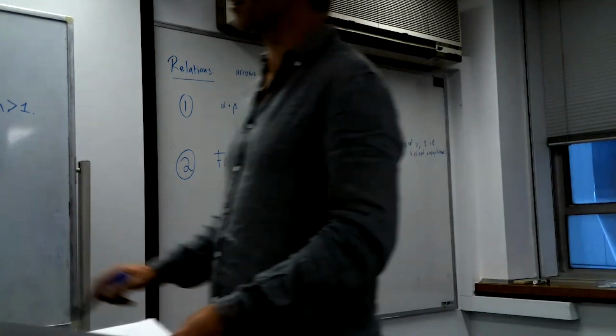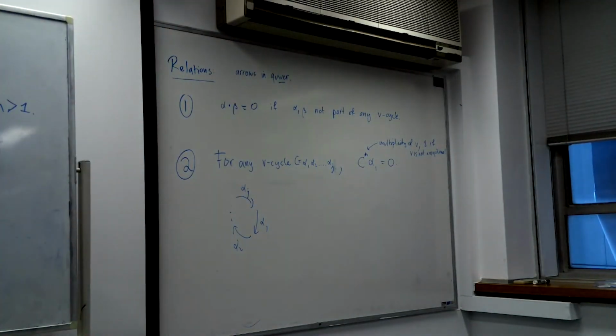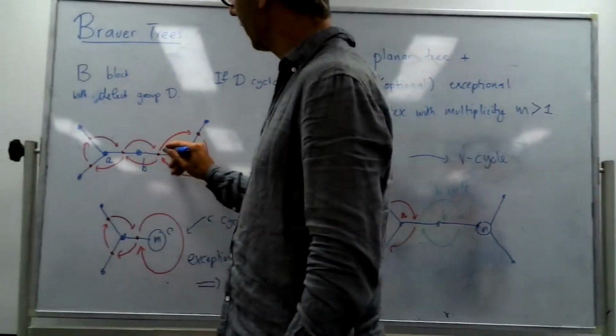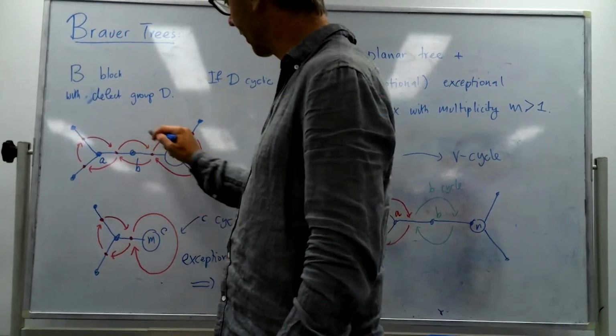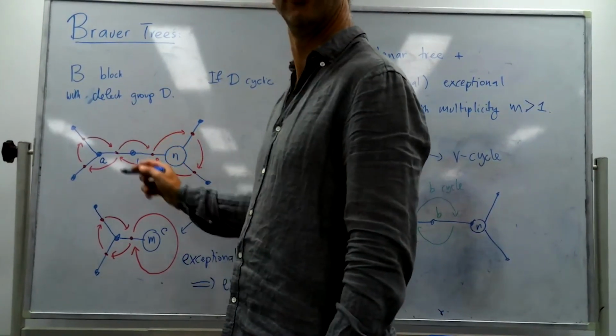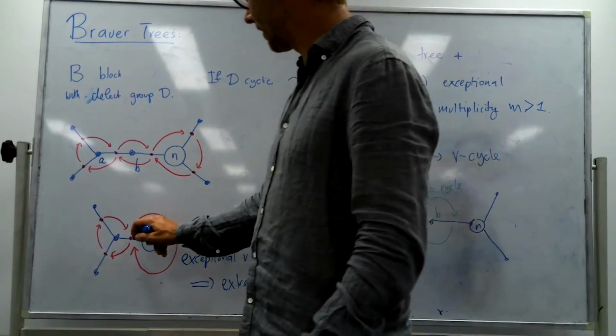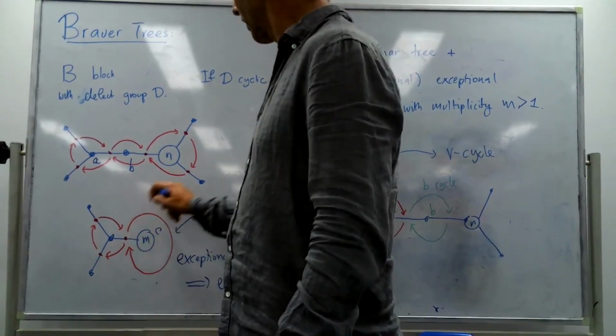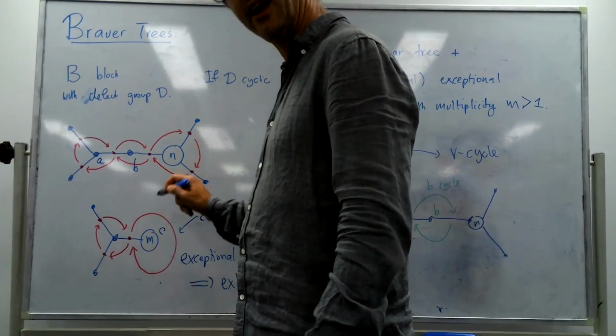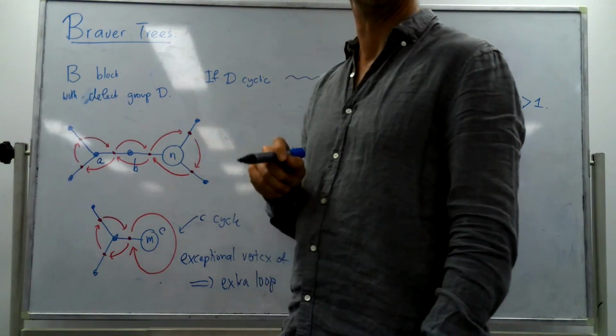So for example, here I have a non-exceptional vertex, so my relation is that going around the cycle and one more arrow is 0. Whereas here, my relation is this loop to the m plus 1 is 0.